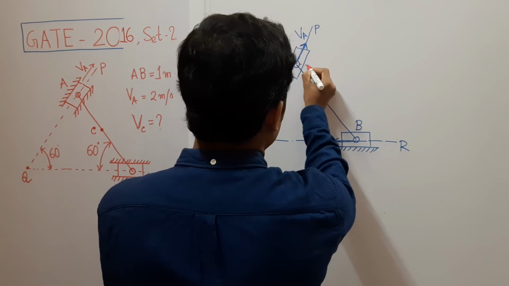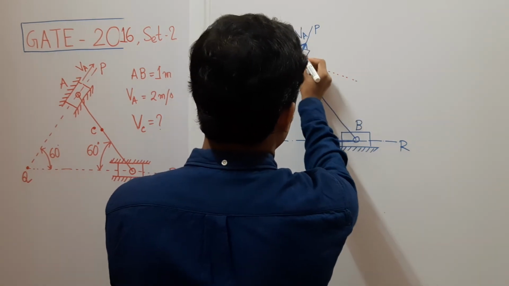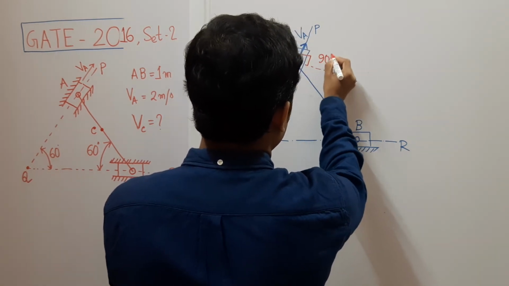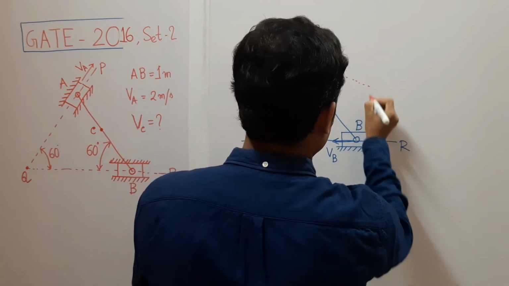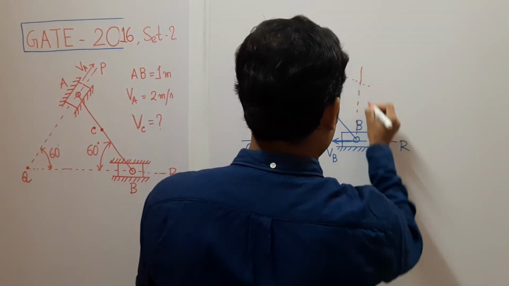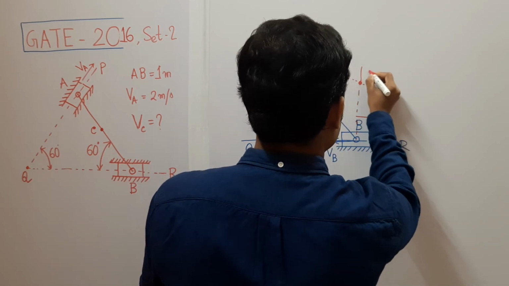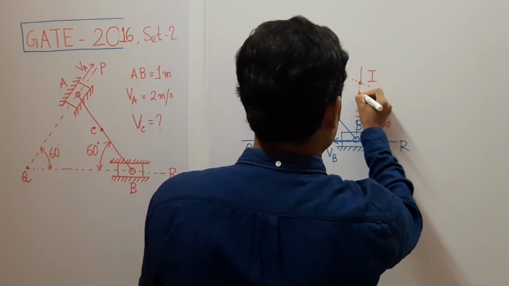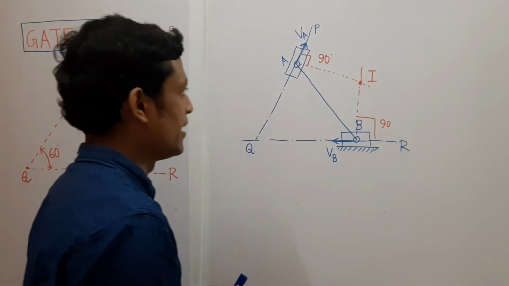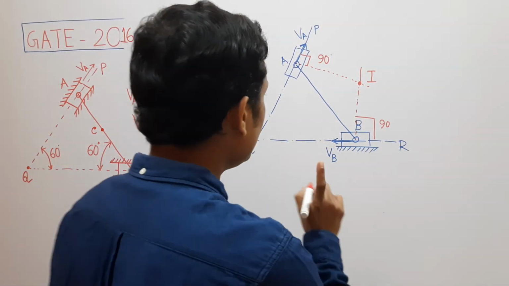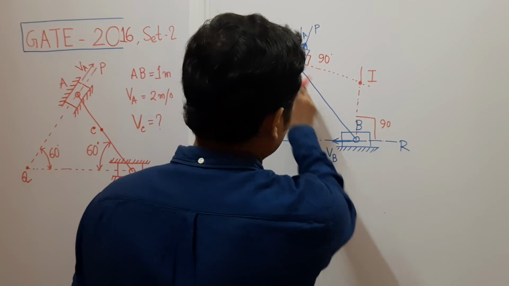Now we will draw two perpendiculars from the directions of VA and VB. So this angle is 90 degree and this is also 90 degree. The point of their intersection is I, and I is the instantaneous center for the rigid link AB.